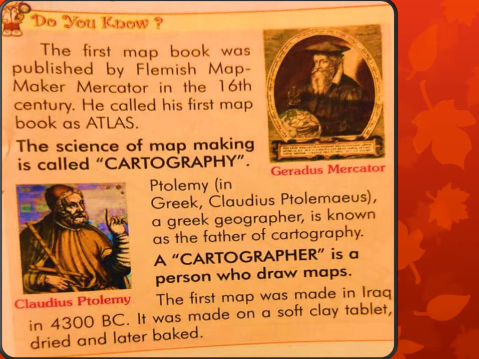Now we have a do you know section. The first map book was published by Flemish map maker Mercator in the 16th century, and he called his first map book Atlas.